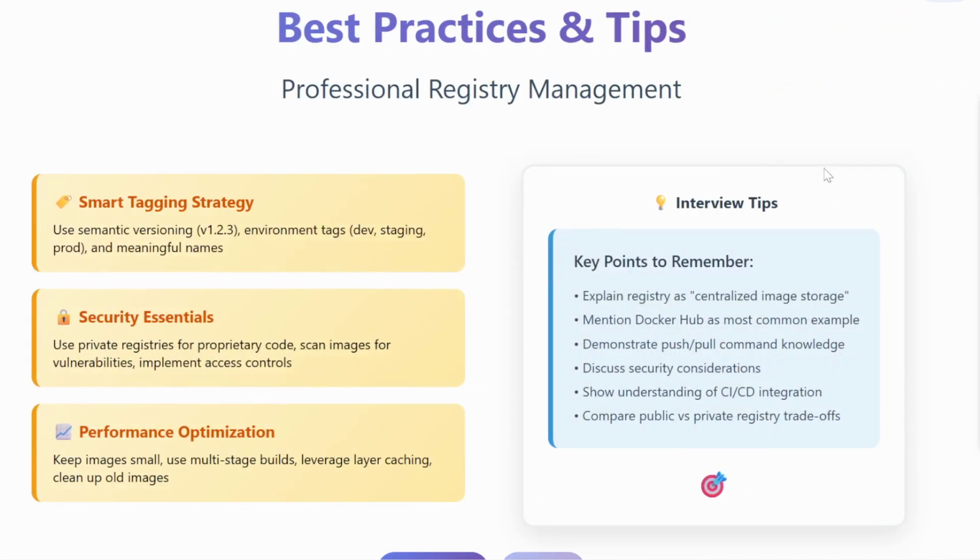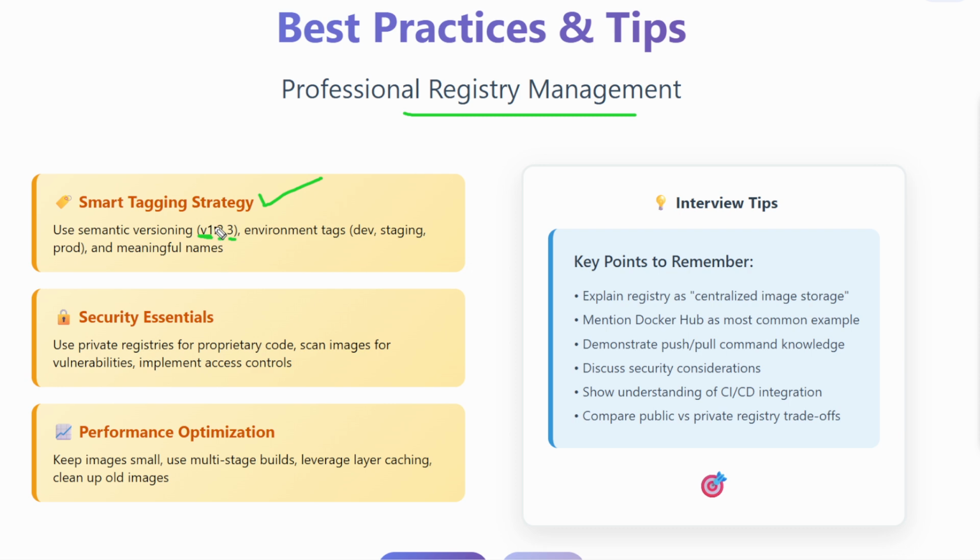Okay, and coming to some best practices and tips, how exactly we need to professionally manage the registry. Okay, so we'll discuss some pointers about that. Smart tagging strategy. Make sure to use semantic versioning. Like this is your big change, this is your small feature, this is a bug fix.